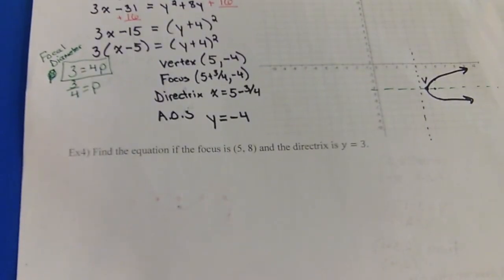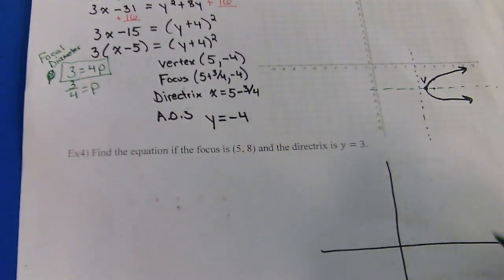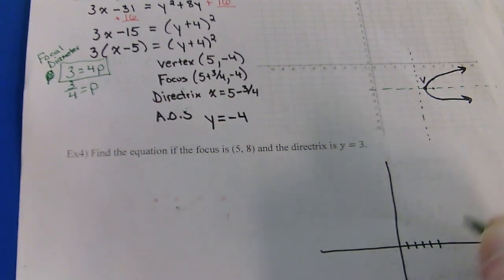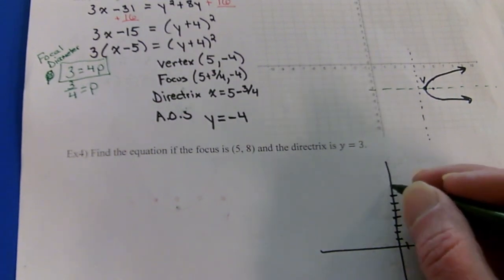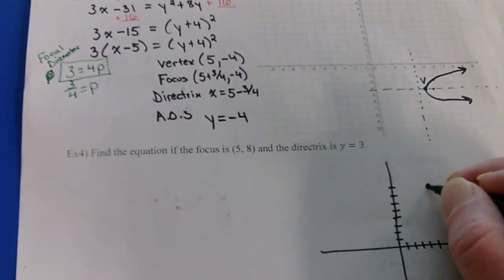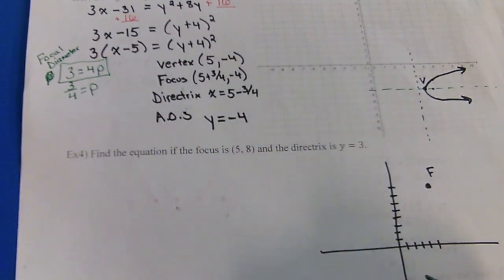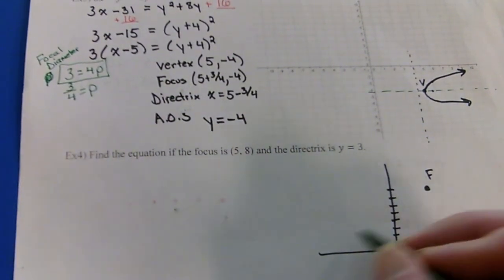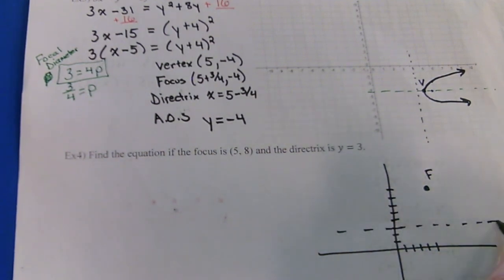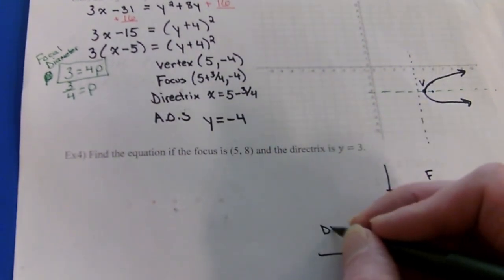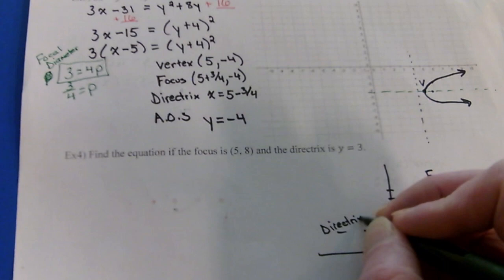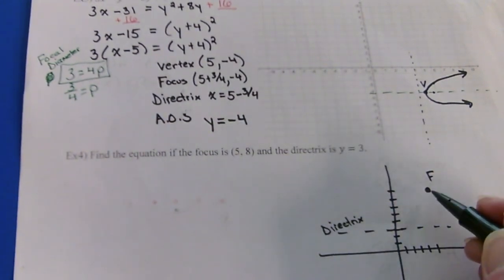All right, what if I was given the focus and given the directrix? There's my focus, and it says the directrix is the line y equals 3. Now, my vertex is going to be halfway between the focus and the directrix. So halfway between 3 and 8.